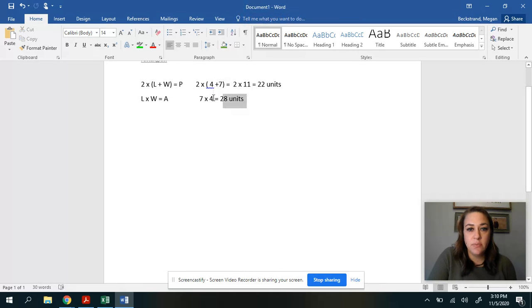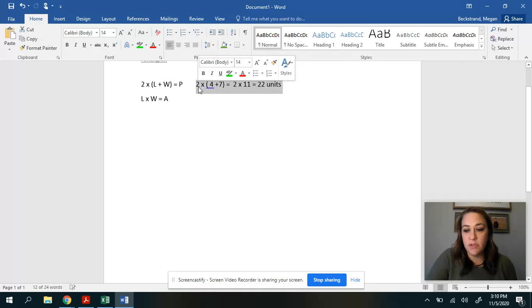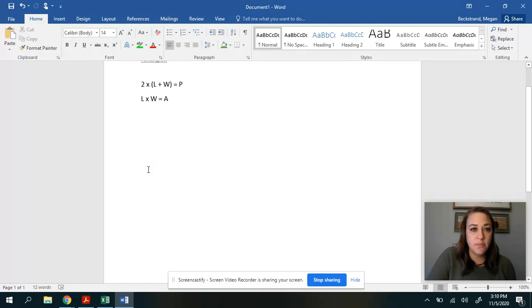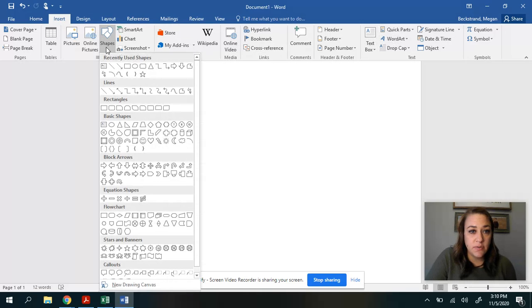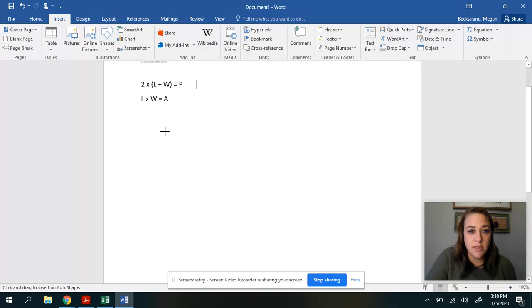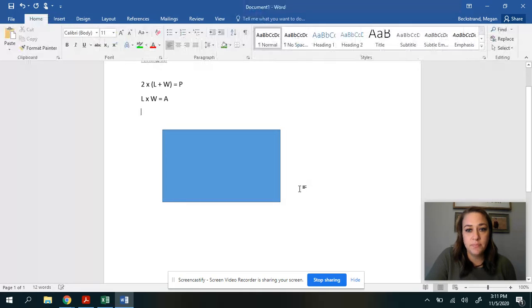Okay. So if we did not have the graph paper and we just had our rectangles, as long as you know your length and width, you're still going to be able to find your area and perimeter. Okay. So if I just get a box here. Say I have a rectangle and it just gave me the units.